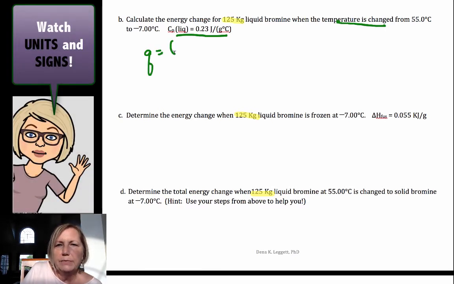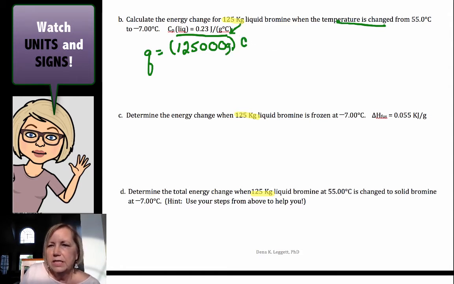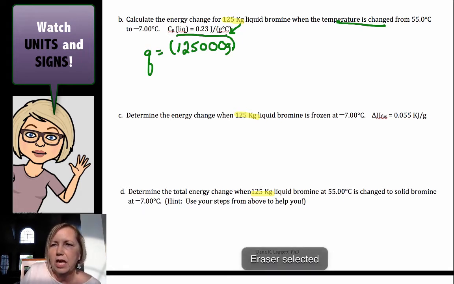So Q is my mass in grams. I would expect you, if you were one of my students, to show me the work to get from kilograms to grams. For the sake of speed in this video, I'm going to go ahead and convert that. Times your heat capacity, mass, heat capacity, times your change in temperature.